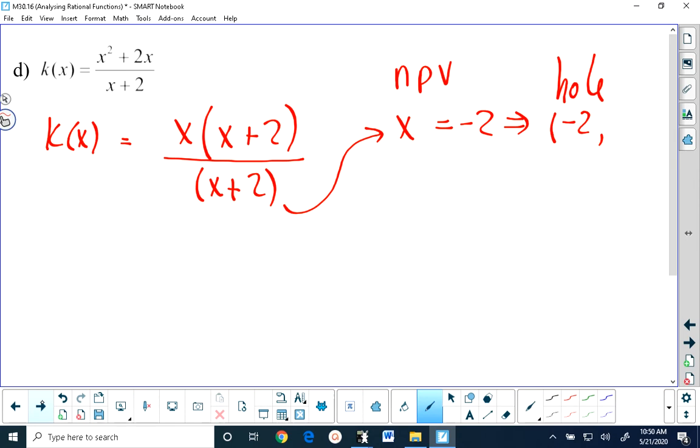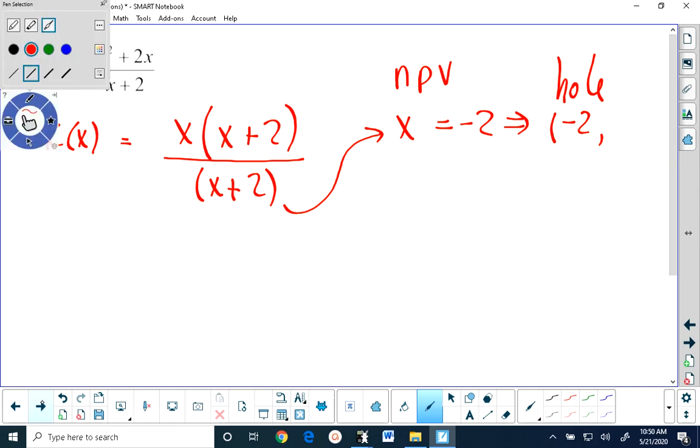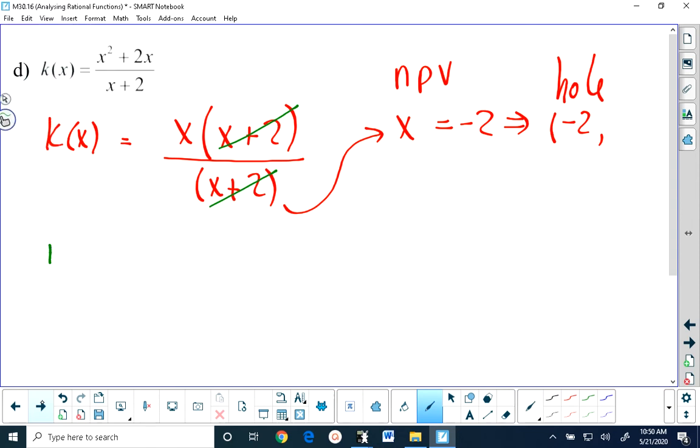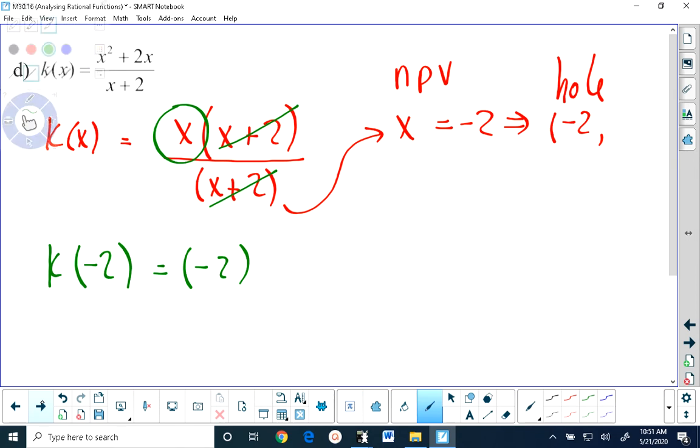Well, how do we determine the y coordinate? We cancel the factors, and we put in for x the x coordinate of the hole into whatever is left. And the only thing that's left is this x, which means we get a y coordinate that's equal to negative 2 as well.